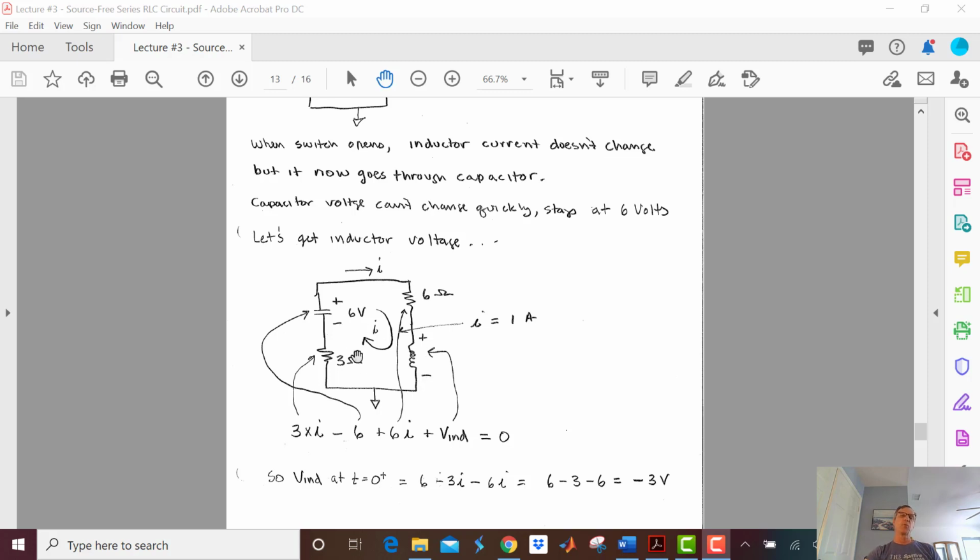Now this is different than what you've seen for KVL because, well, the first term was okay, 3 times I, but now I've got a capacitor and I called it a voltage source because at t equals 0 plus, that's what it is.